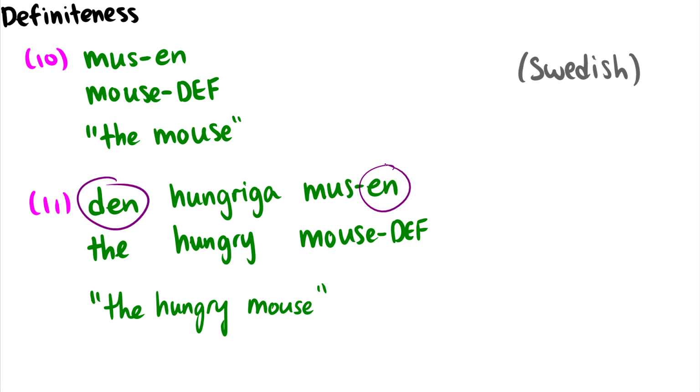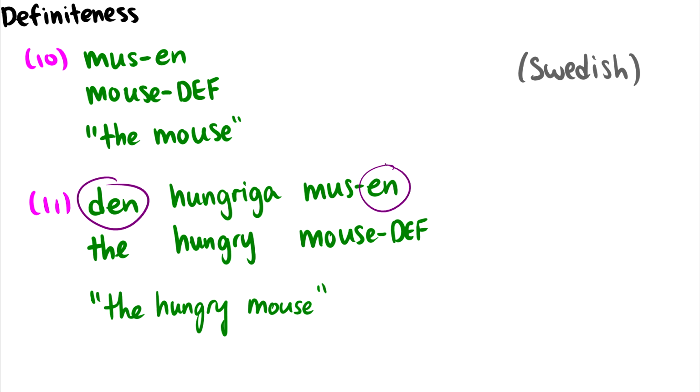So there is agreement here as well. So for instance, you don't want to say a hungry mouse the. You don't want that. That's not good. So there is agreement in these cases. I'm not sure if this the is optional in Swedish. In some languages, it would just be completely optional in this case because there is morphology on the noun that signals it's already definite. But I'm not quite 100% sure if that's true or not for Swedish.